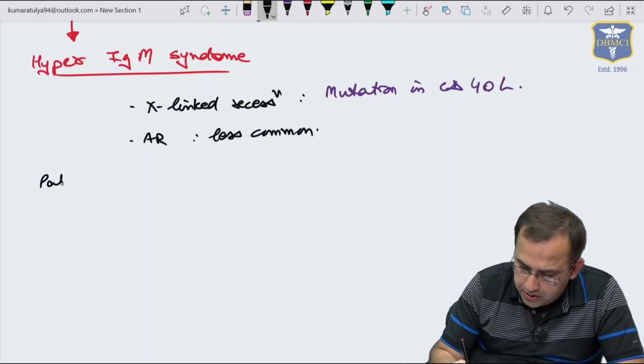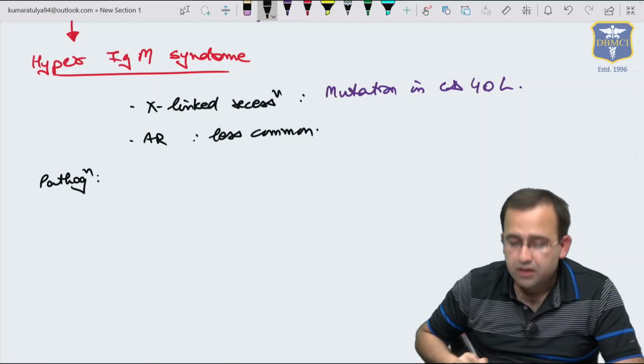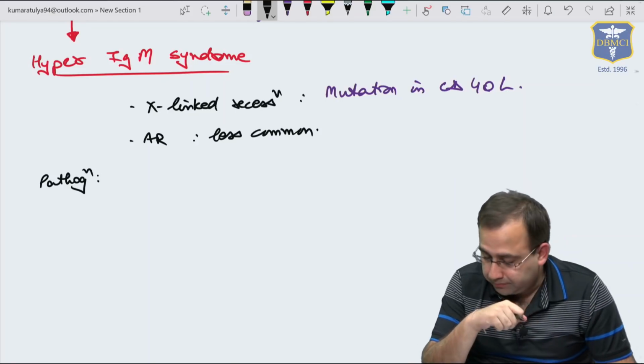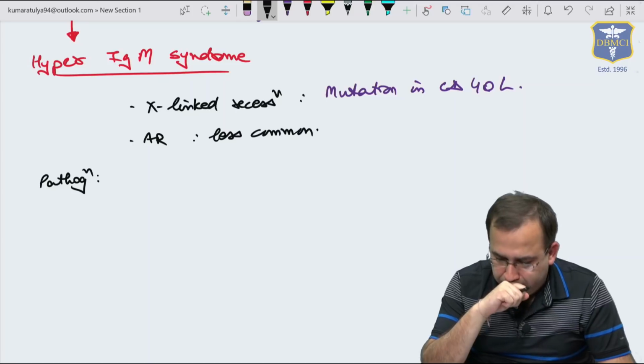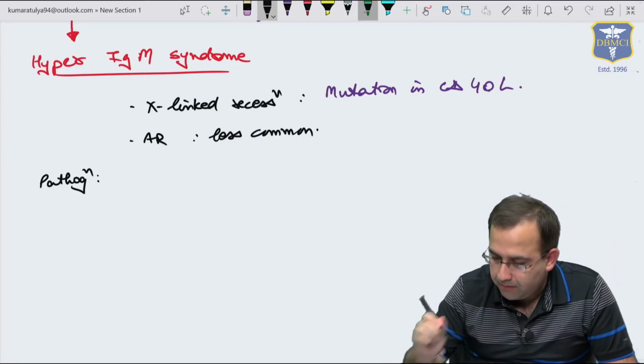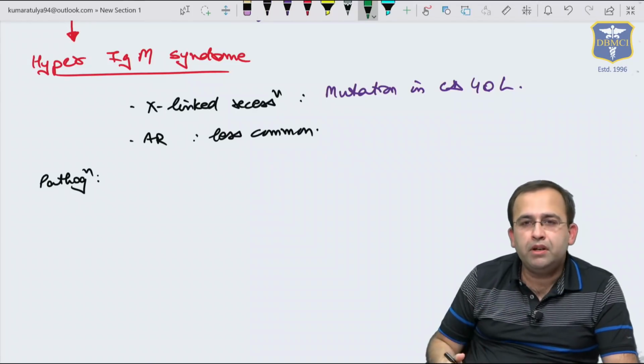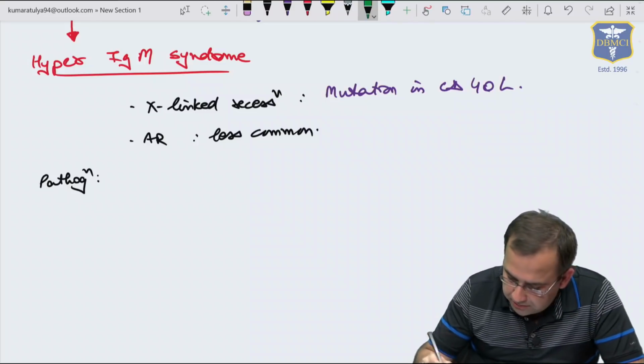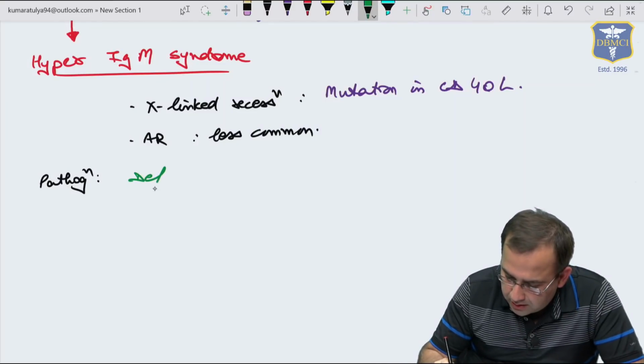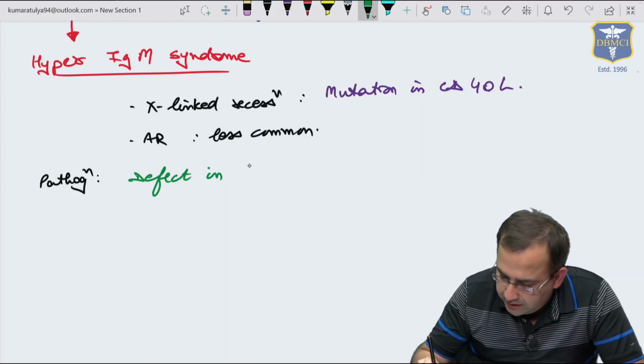Next point, pathogenesis. Hyper IgM syndrome occurs because of a defect in immunoglobulin class switching.